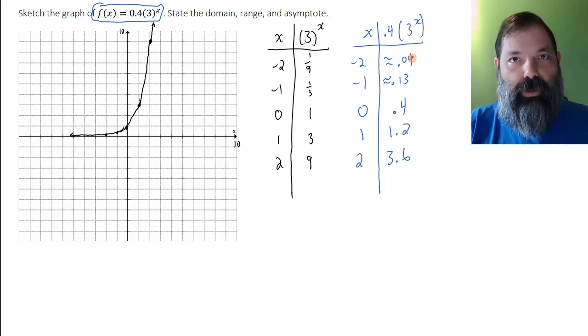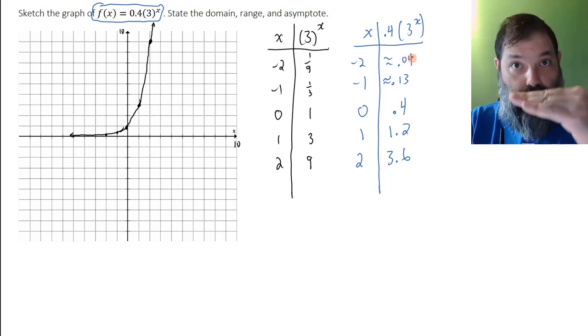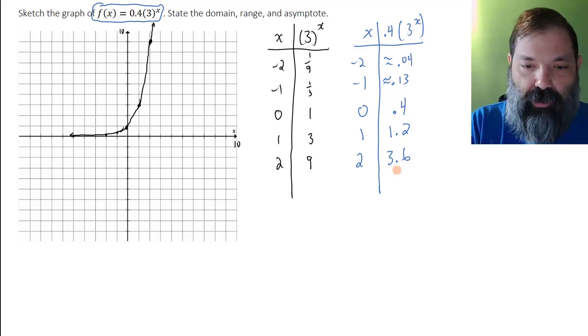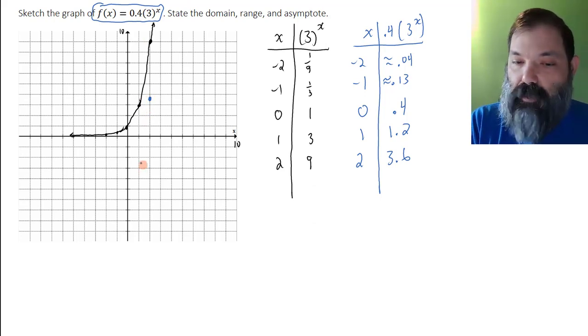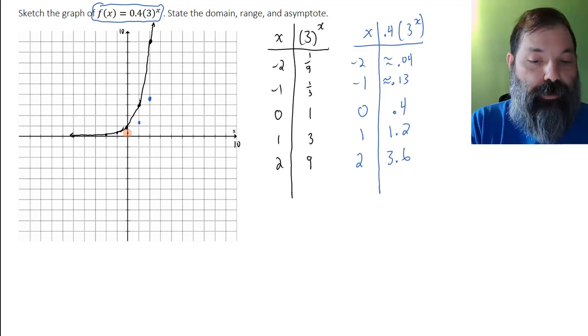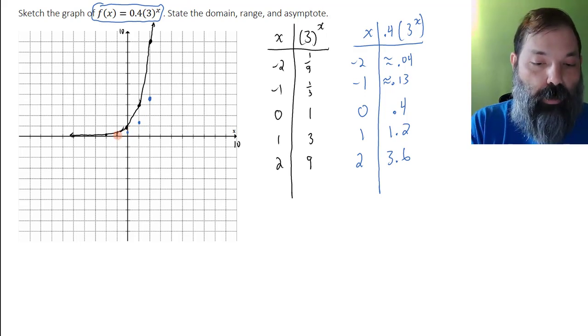And so what's happened is, in a sense, all of these points are being compressed, right? They're kind of getting closer to the x-axis. So this point that was at 2, 9 has now been compressed to 2, 3.6. That's about there. 3.6 was 1.2 at 1, so the point 1, 3 has been compressed to 1, 1.2. 0, 1 has been compressed to 0, 0.4, and so on.